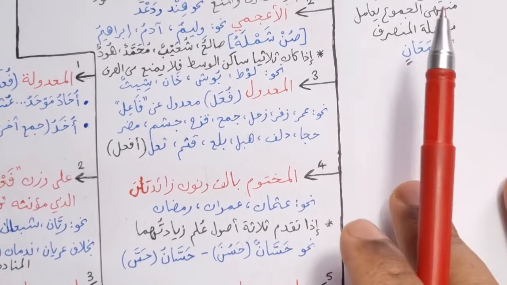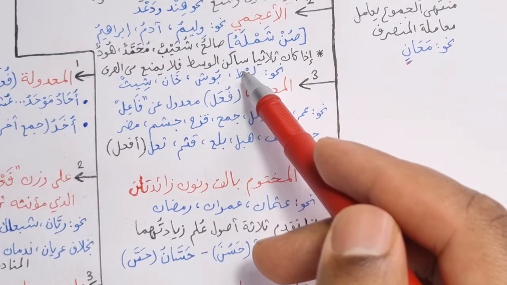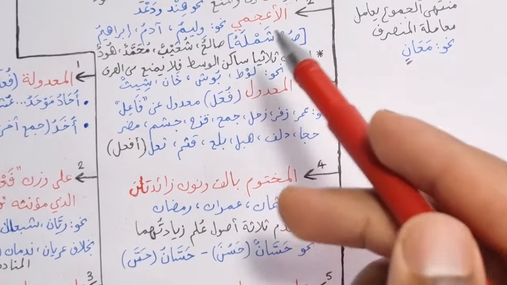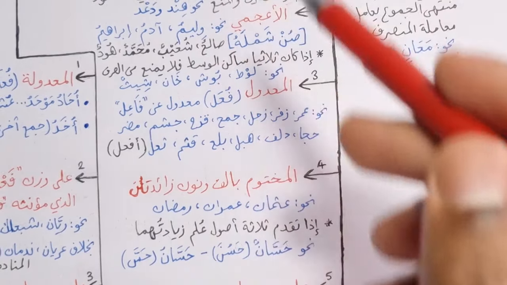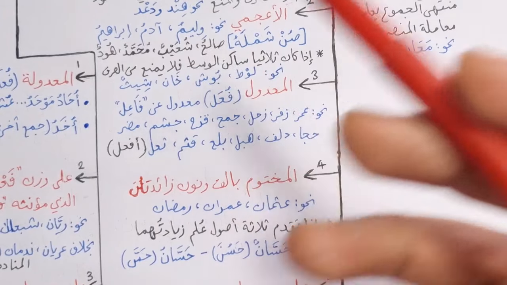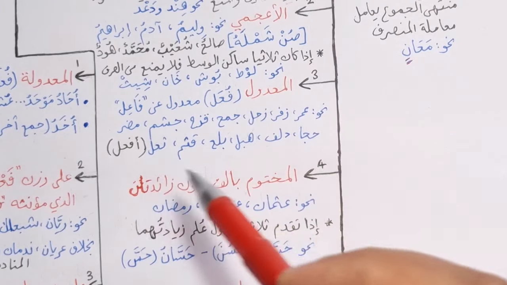But we mentioned that it must not be thulathi where the middle letter is sakin. Those ones take tanween. The third one is al-alam al-ma'dul. Proper nouns which are ma'dul, as in they have been taken from a different noun. And these are 14 in total.